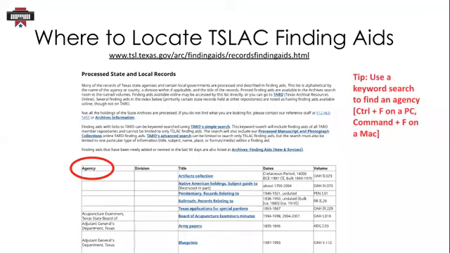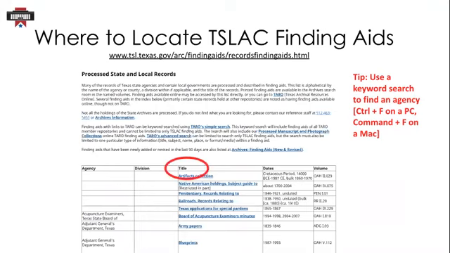And you can do that by using Control F, or if you have a Mac, it'll be Command F on your keyboard. And that will pull up the find feature in your browser. So you can type in that keyword that you think is in the agency name, and then press enter, and your browser will skip you ahead to just those instances of that word on the web page.